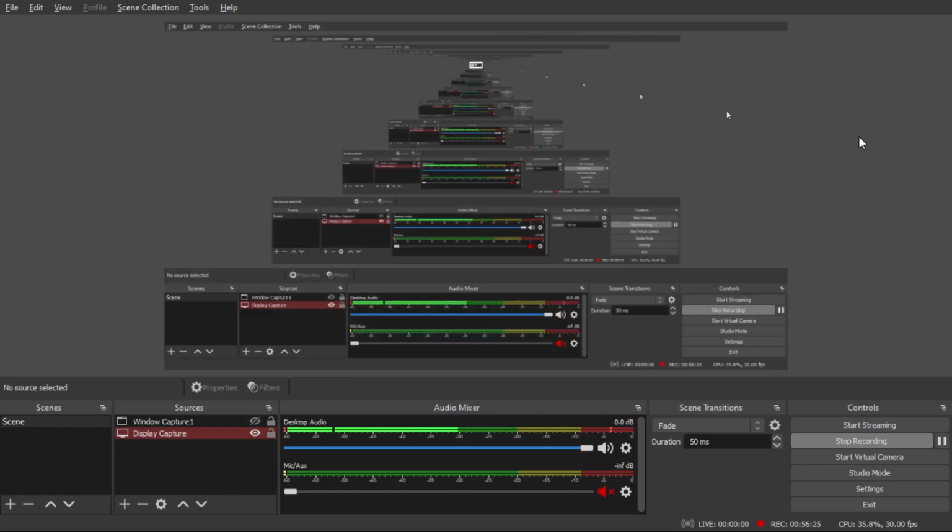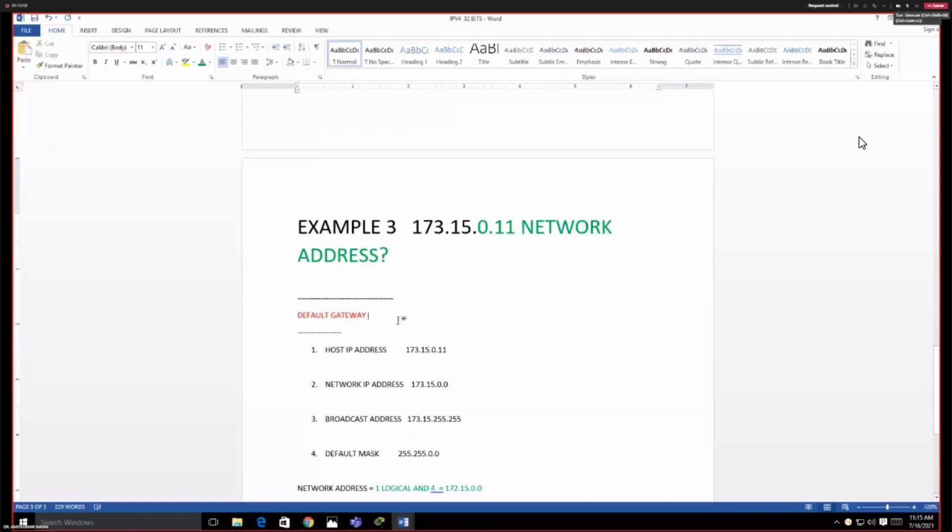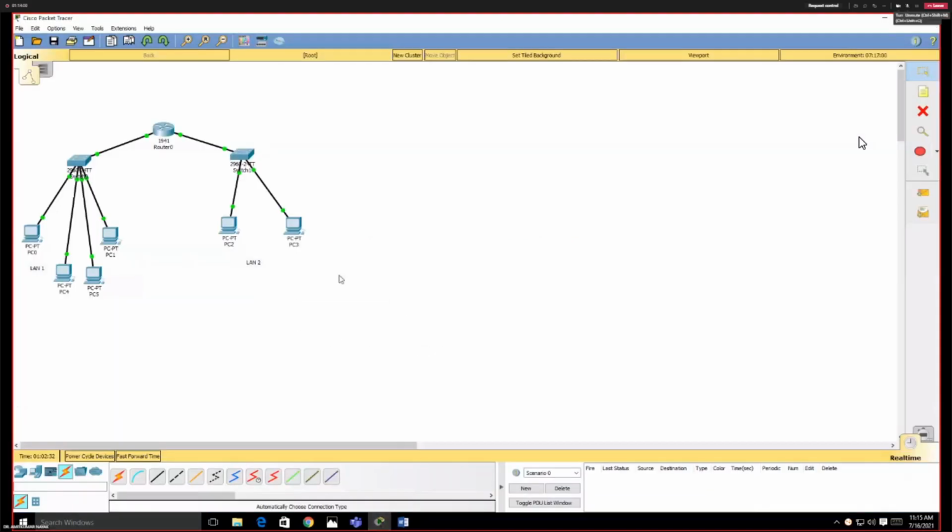Now, gateway IP address. To learn the gateway IP address, we'll go through one topology, which is available on your screen.